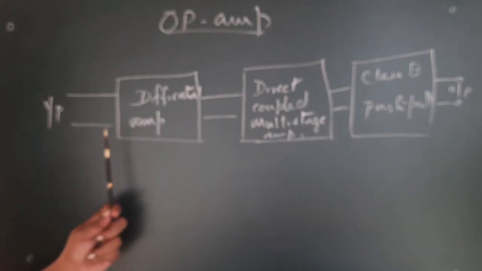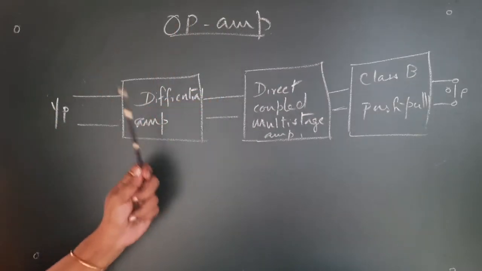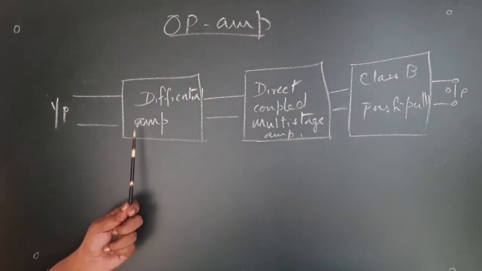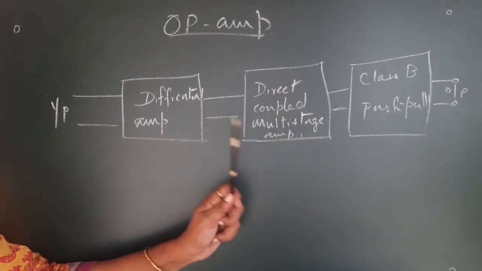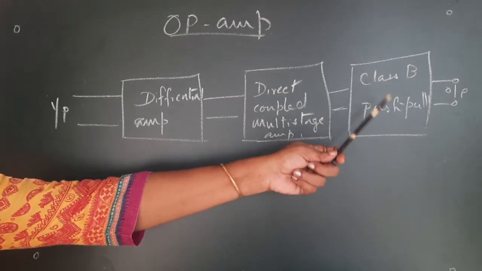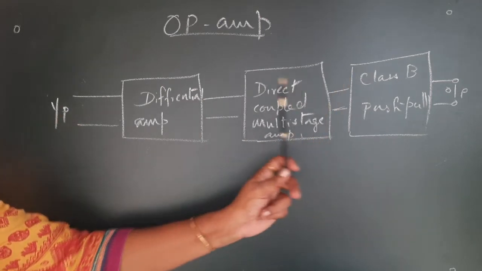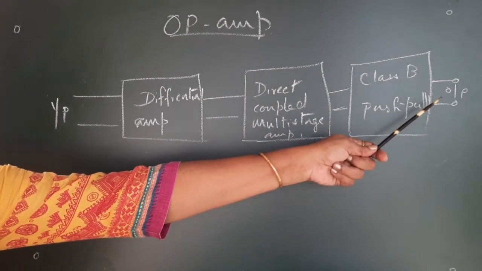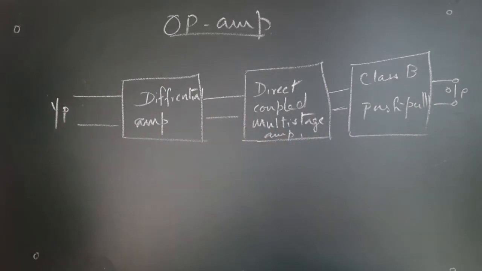So, we discussed that the input stage of an OPAMP is a differential amplifier. The intermediate stages are direct coupled multi-stage amplifiers and the last stage is a class B push-pull amplifier. So, finally, you will get a high output from this OPAMP.